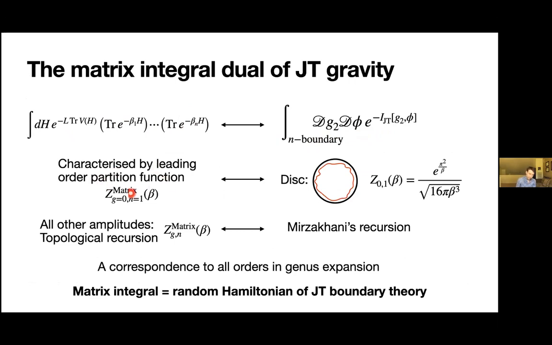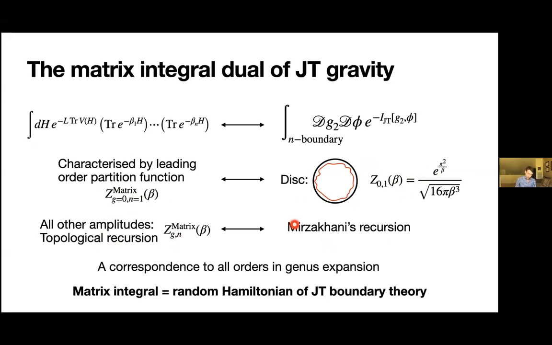The seed for this, the thing that defines this matrix integral, if you like, is the genus 0, 1 boundary amplitude, the disk amplitude, and that is this disk path integral we've already computed using the Schwarzian theory. Then to get all the other amplitudes, you just apply this topological recursion, and Mirzakhani's recursion is the thing that's playing that role in JT. And this correspondence works exactly to all orders in this genus expansion for any number of boundaries.